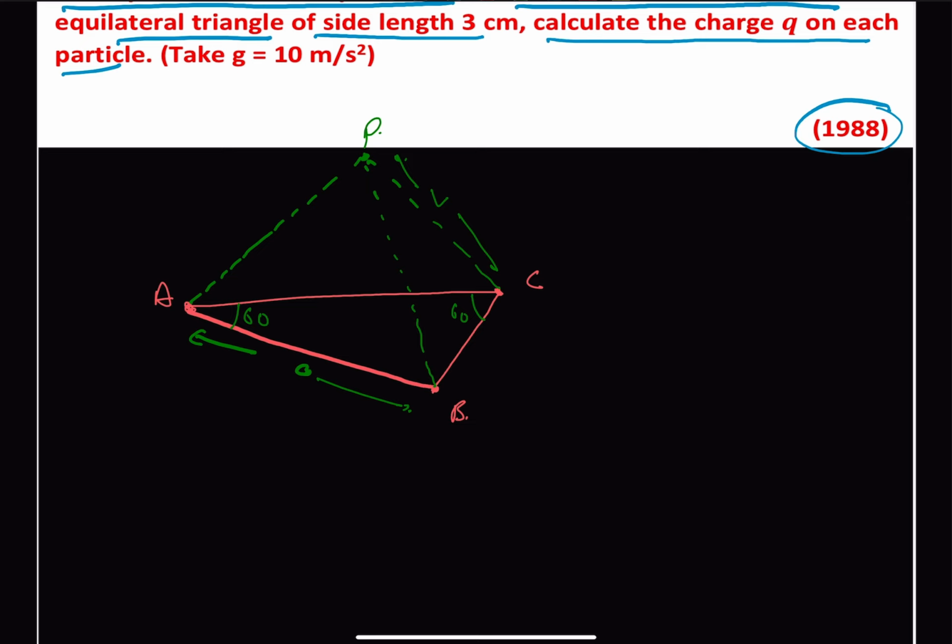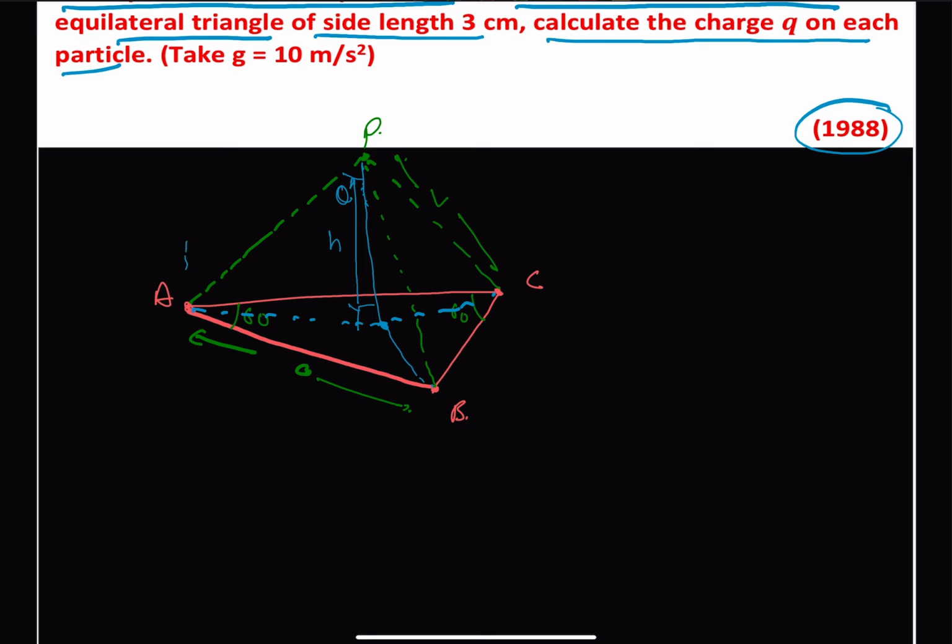Let us join point P to here, and this angle will be about 90 degrees. Let us call this height h. And the angle made by this height with respect to one of the strings is, let's suppose, theta.